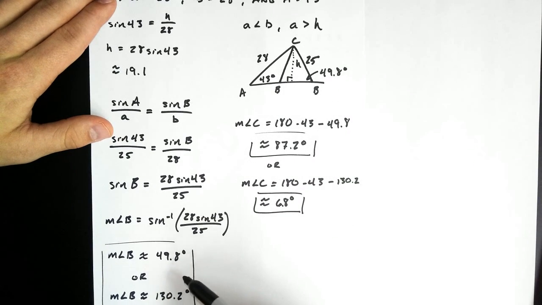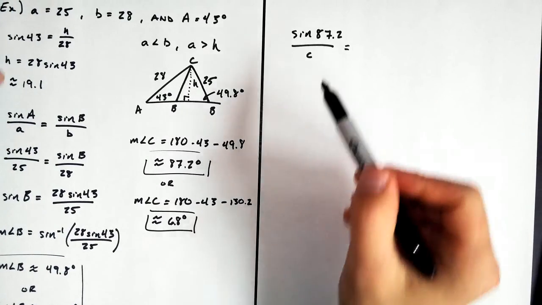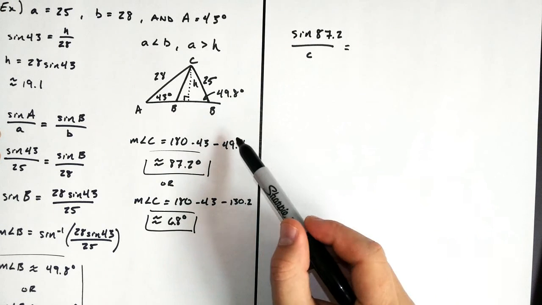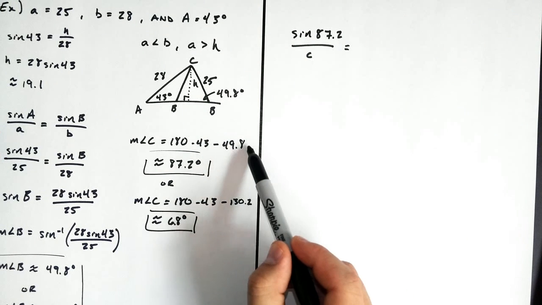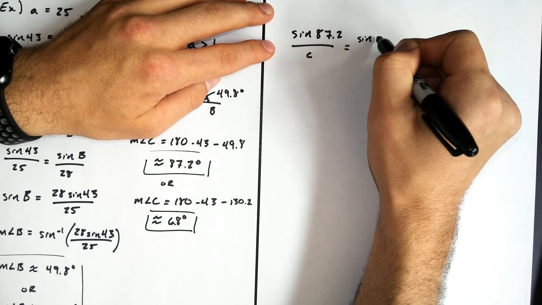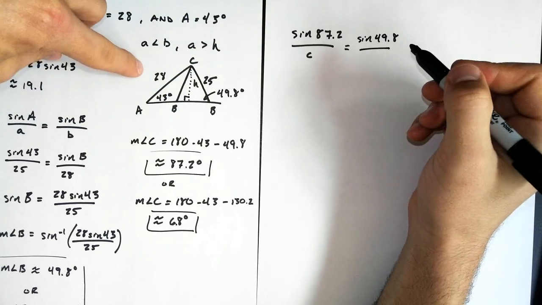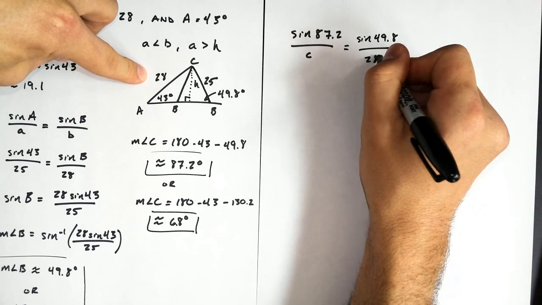So I want to use my angles for B and then the side length of the 28. So the 87.2, that one I got from when angle B was 49.8. So the sine of 49.8, and then we'll put that over the side length of 28.